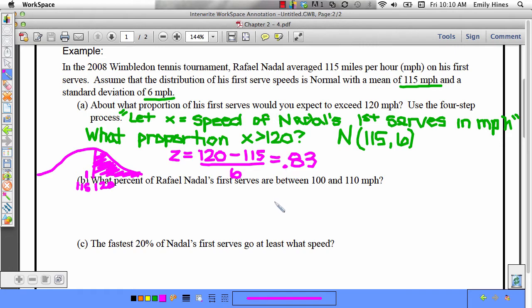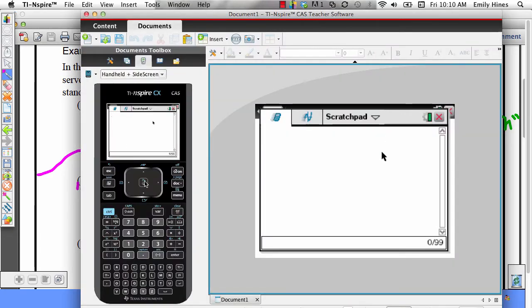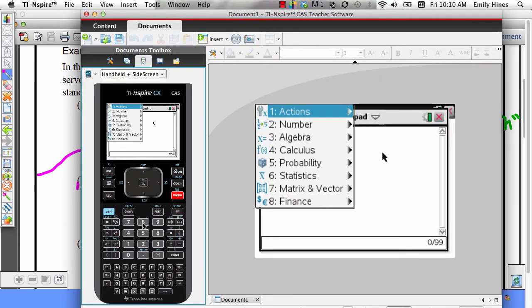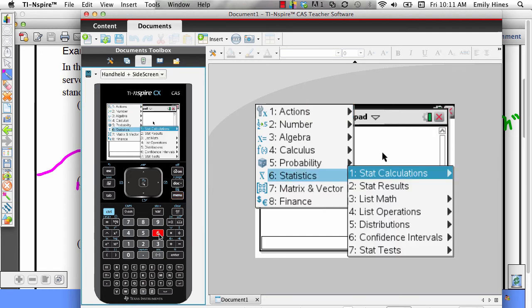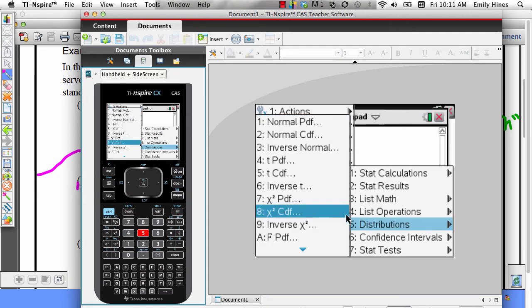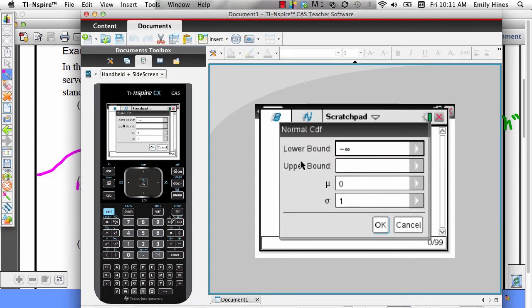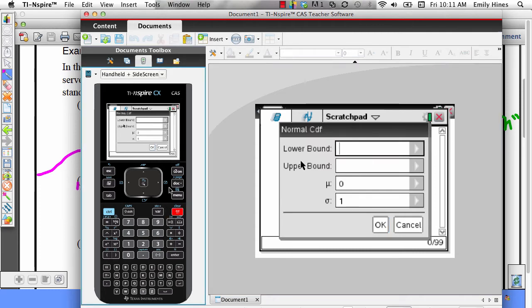So from here, to actually find the area, there are a couple things I can do. One, I can use table A. Two, I can use the calculator using the z-score and the standard normal distribution. But I can also use the calculator and use normal CDF and not have to use the standard normal distribution. If I go to my distributions and go to normal CDF, I can change the mean and the standard deviation to fit mine as well.